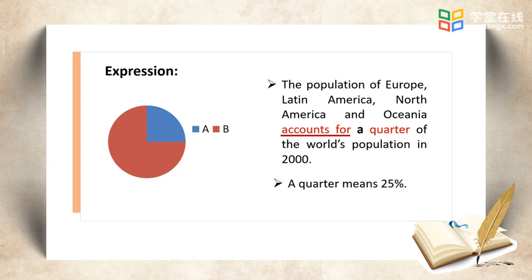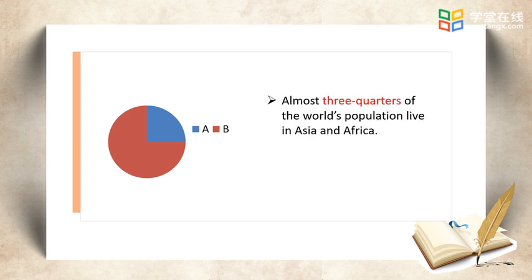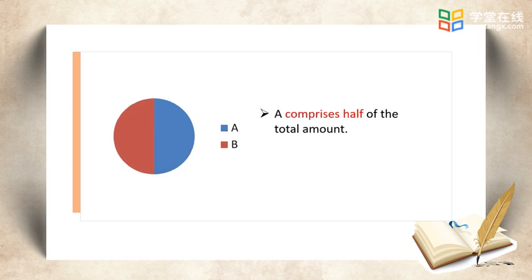Meanwhile, we can say that B accounts for 3/4 of the total amount. Another example, almost 3/4 of the world's population live in Asia and Africa. Here, 3/4 means 75%. When it comprises 50% of the total amount, we can put it as A comprises half of the total amount, or simply put it as the percentage of A is 50%.